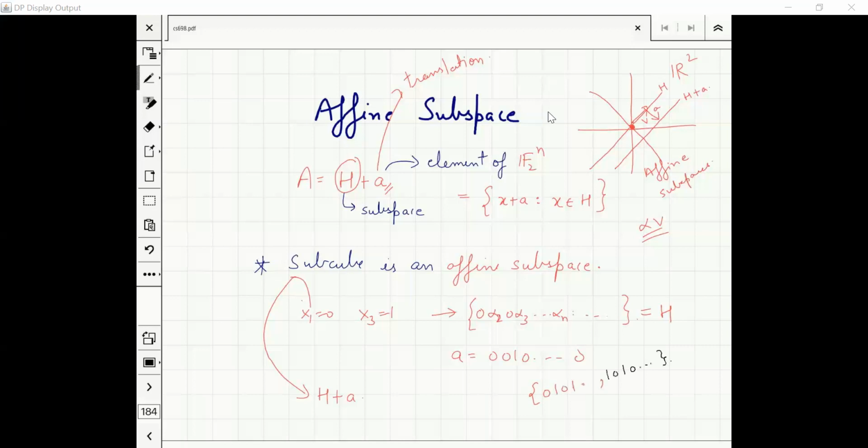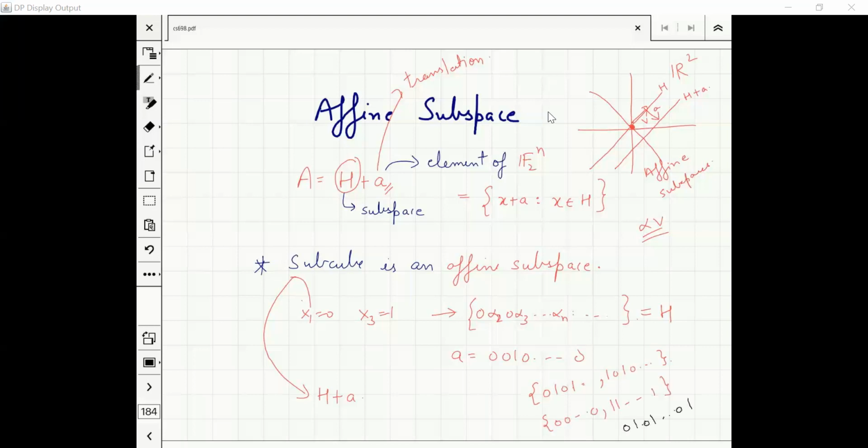What is the translation and what is the subspace? The subspace is the dimension 1 subspace of all zeros and all ones, and the translation is one of these two vectors. Very good.